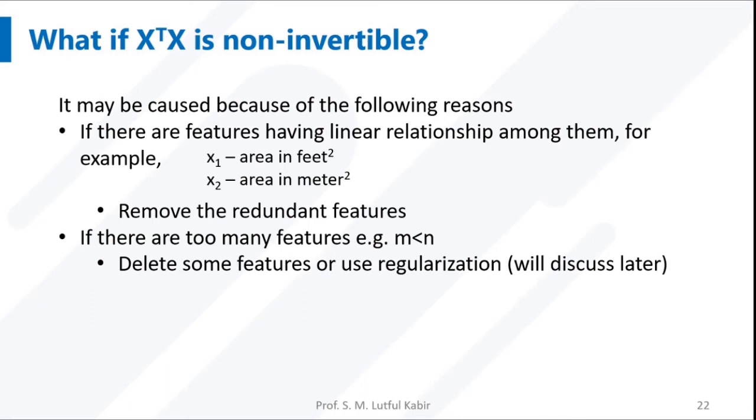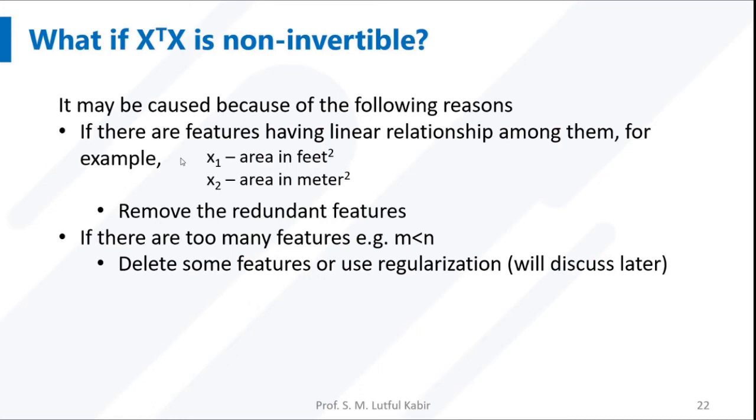Let us discuss one problem of the direct equation. There are some cases where the inversion is not possible. The matrix multiplication X transpose X is non-invertible. In some problems, we'll find that this multiplication result cannot be inverted. There may be some causes, and one of the causes is if there are features having a linear relationship among them.